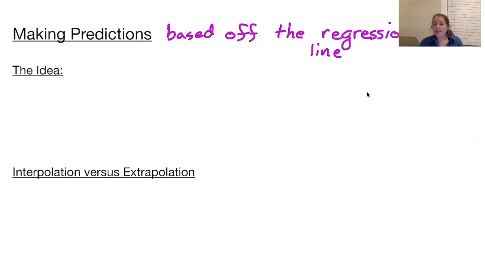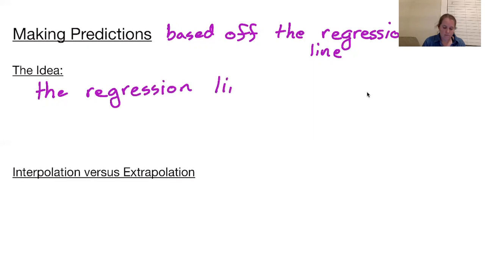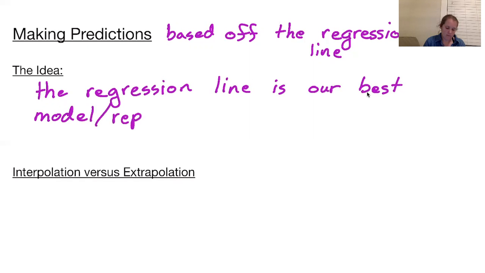So the idea is the regression line is our best model or representation of the observed pattern.